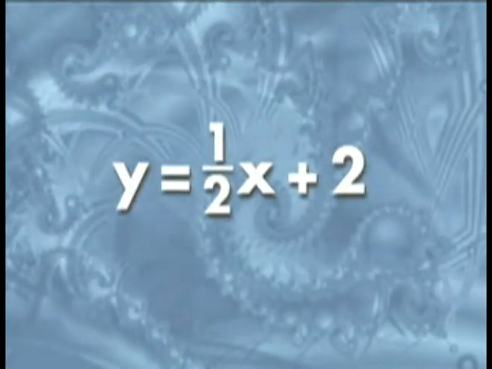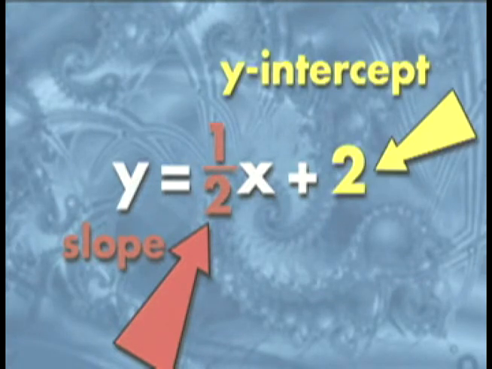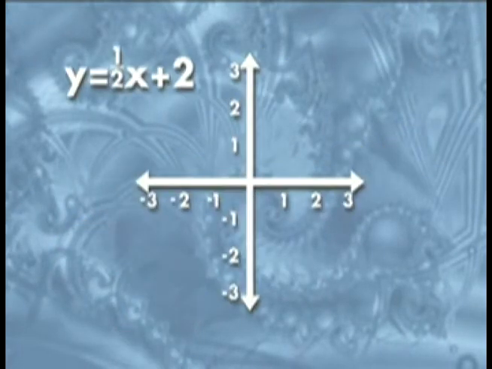To graph the equation y = 1/2 x + 2, using its slope, 1/2, and its y-intercept, 2, there are just a few quick steps. The first step is to locate the y-intercept on the graph. Since the equation tells us that the line crosses the y-axis at 2, we'll mark this spot with a point.